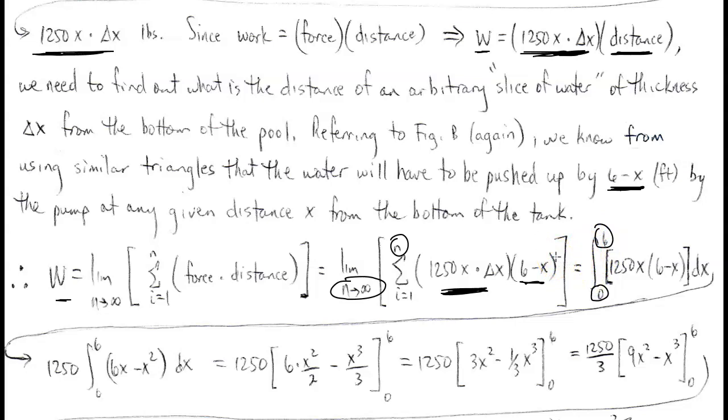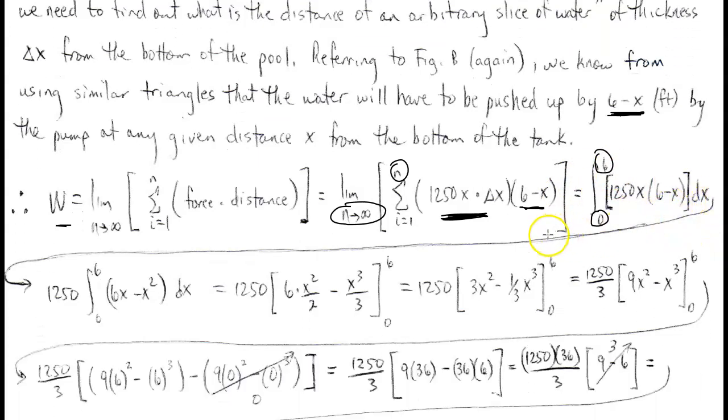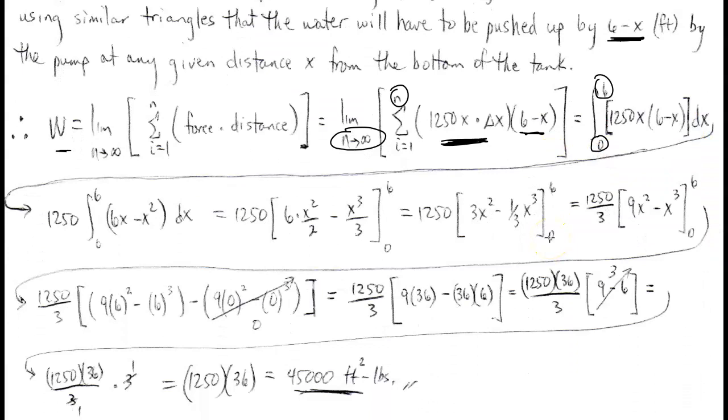And so then from that point, it's just a matter of multiplying the 1250x times 6 minus x and doing the integration. And from this point, it's just basically first year calculus. So we go ahead and multiply everything that we need to. Of course, this 1250 we can factor out, make life a little easier for us, and just multiply in that x to both terms.